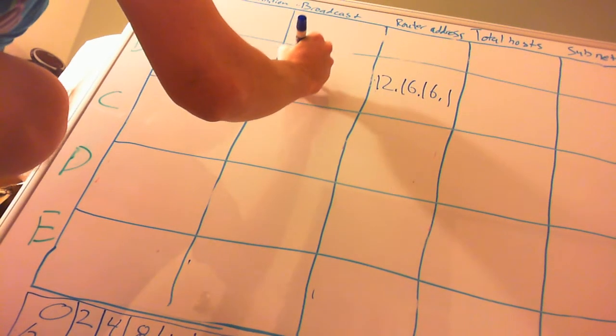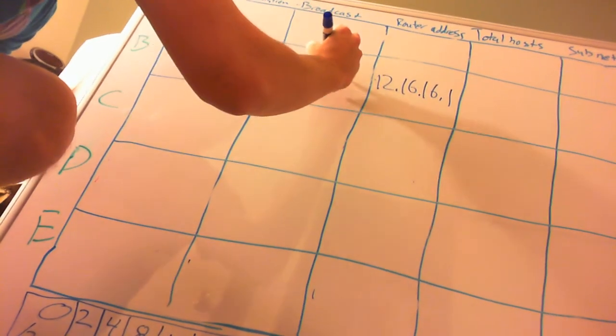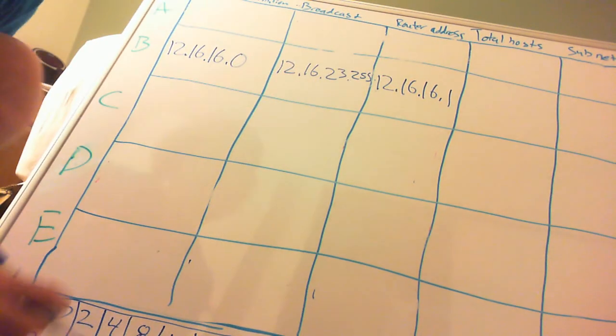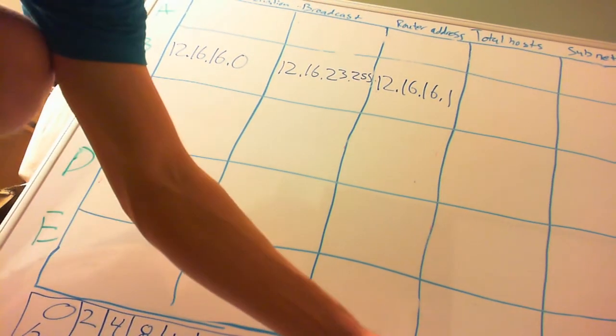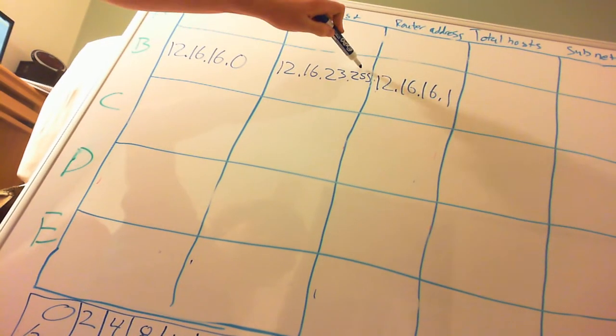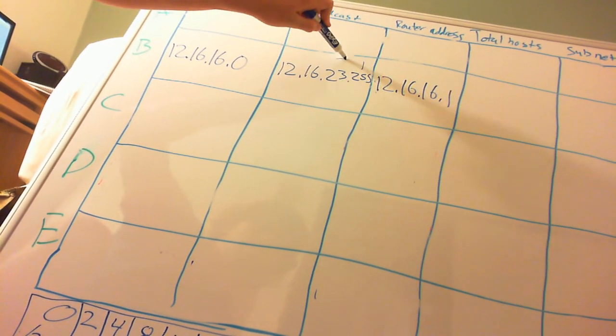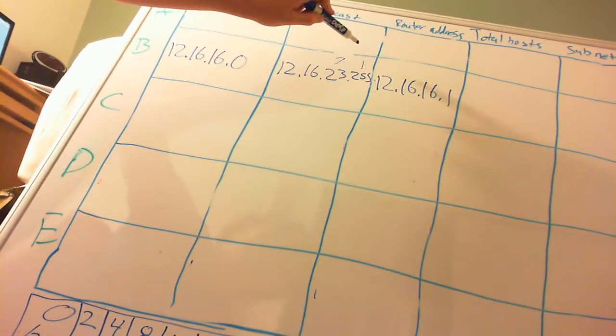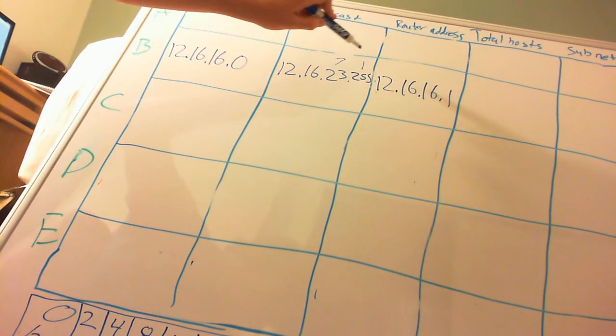So it's 12.16.23.255. And remember, when you add 8, this number right here, to this, you don't get 24 because this counts as 1. So this is 7 and this is 1. Remember that. That's important. Sorry, it's auto-focusing, but this is important.